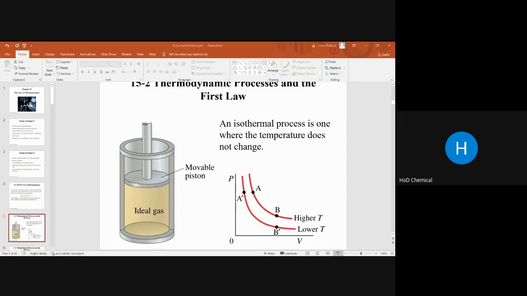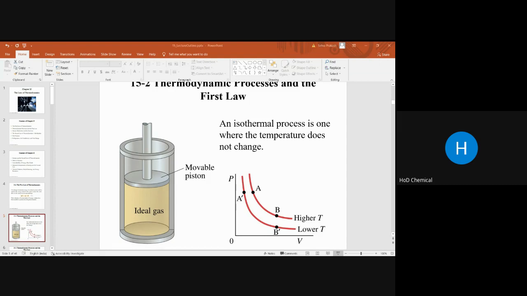If you want, you can copy these notes also. So the heat supplied is equal to the work done in the isothermal process.